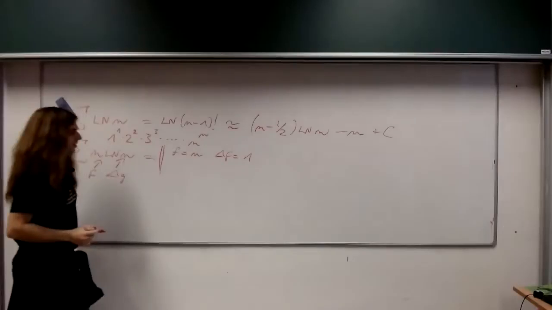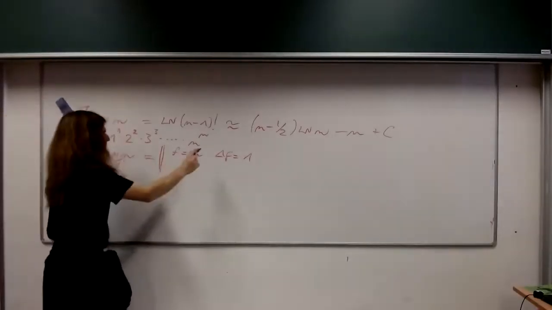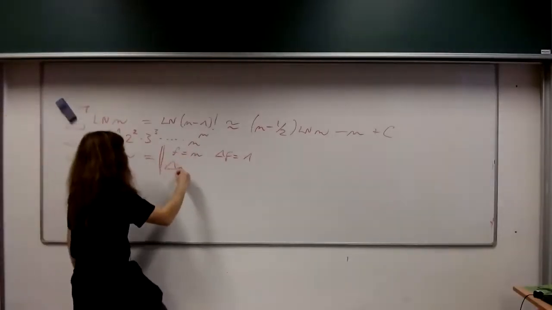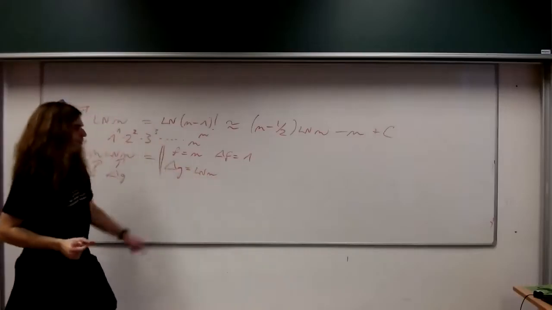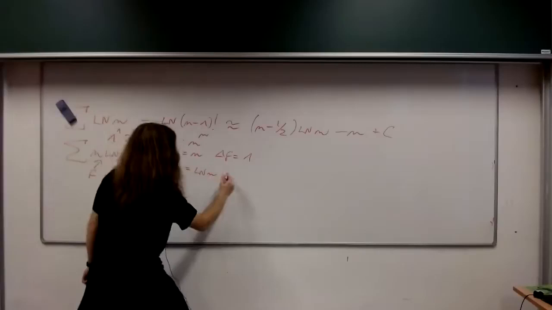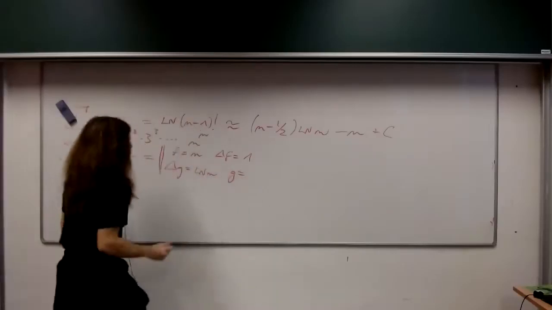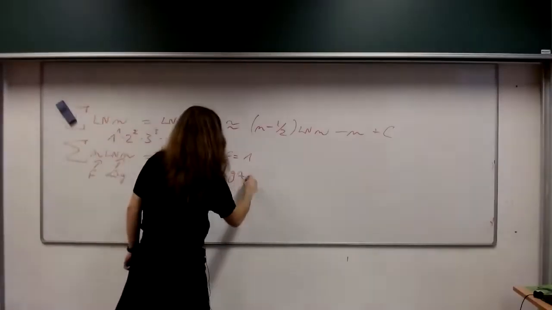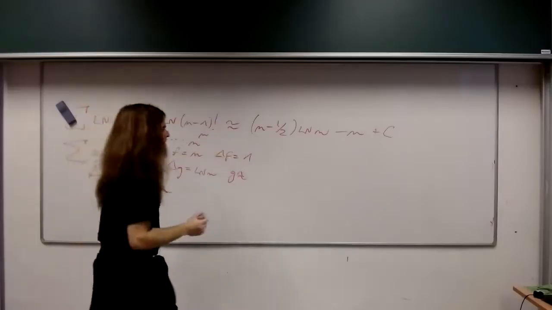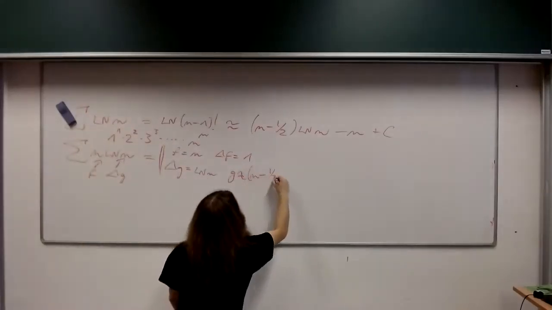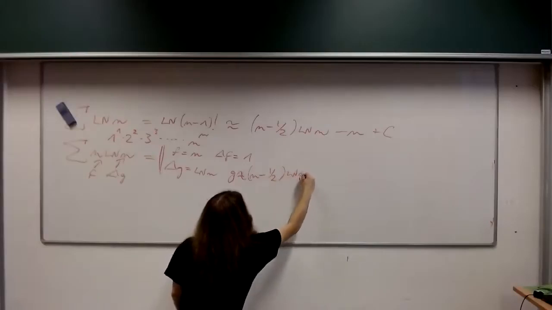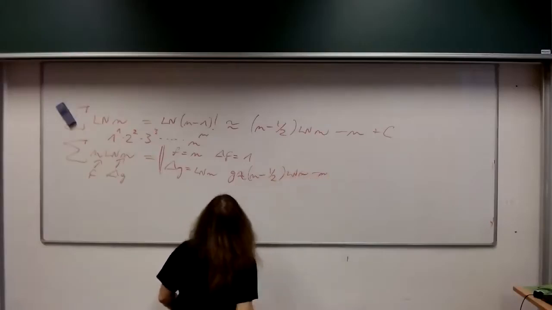So here we get just a 1 by doing the difference, and here we will need to do the summation of that logarithm. But that's not that hard, because we already did that in here. So we have n minus half logarithm of n minus n.